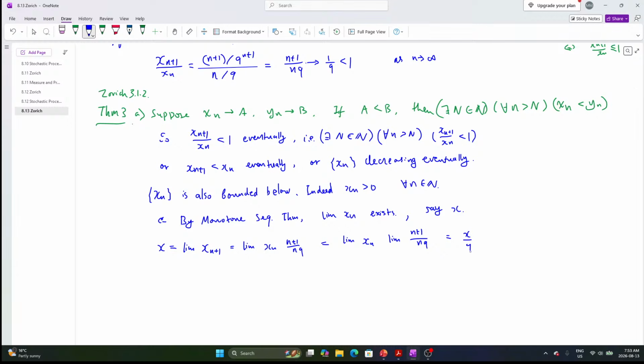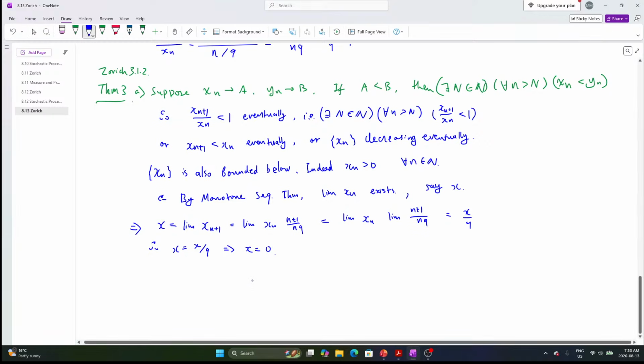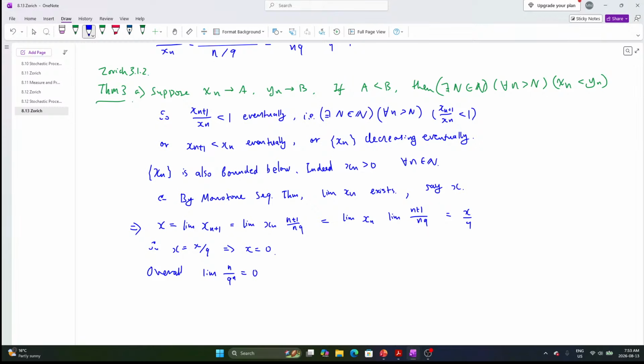You have an equation, therefore x is x over q, and the only solution is 0. That's it. So x is 0, and so overall, the limit of n over q to the n is 0, and we're done.